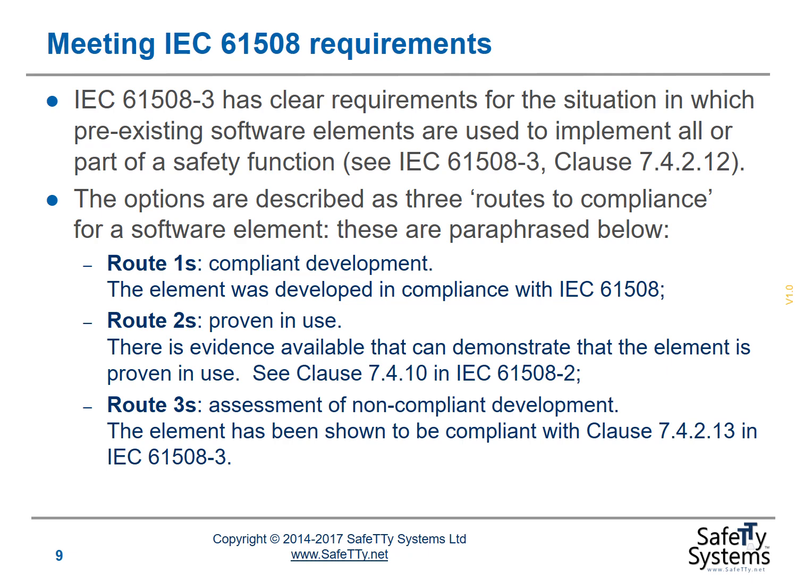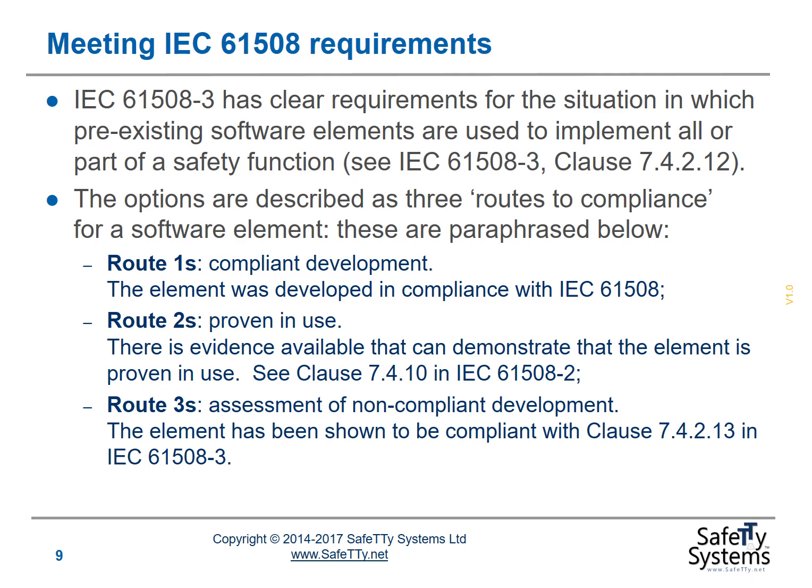The options for use of pre-existing software elements are described by means of 3 routes to compliance for a software element. These are paraphrased as follows. Route 1S is compliant development. The software element is developed in compliance with IEC 61508. Route 2S is proven in use.